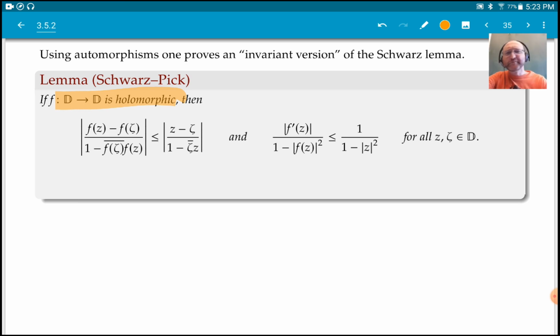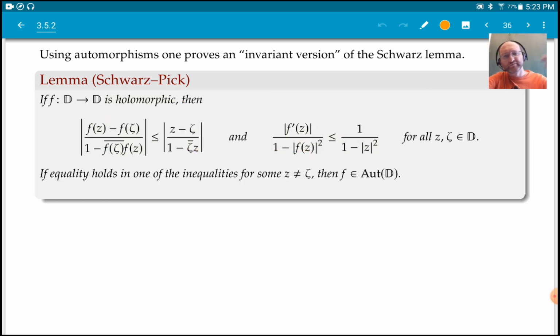The only thing we're asking is for the function to be holomorphic from disk to disk, and then we get these two inequalities. So you have an inequality both for the values and the derivative.